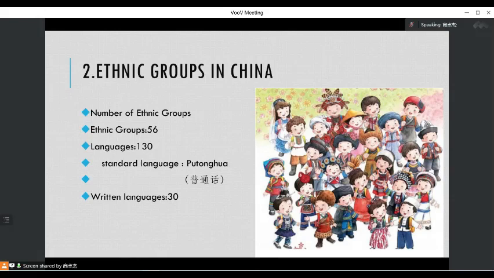In China, the official language is Chinese, which is called Mandarin in English, the standard language.